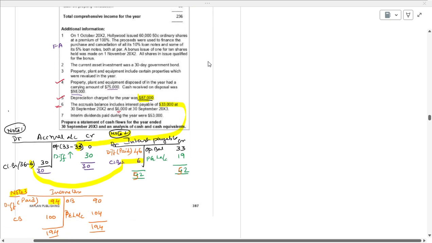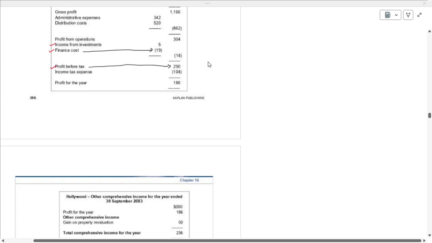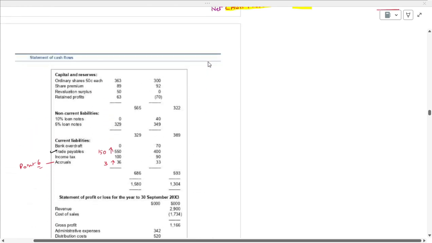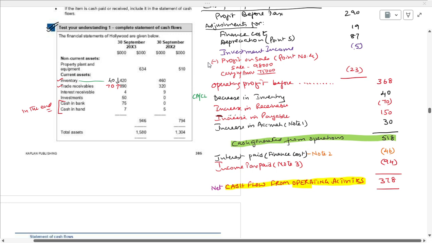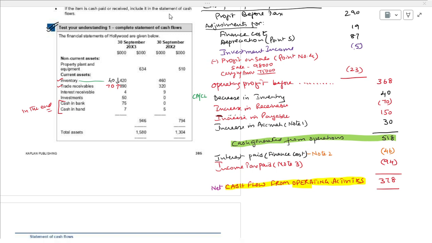Now we have to take property, plant and equipment. This is the non-current activity. How much is the opening balance?